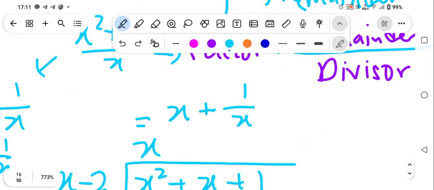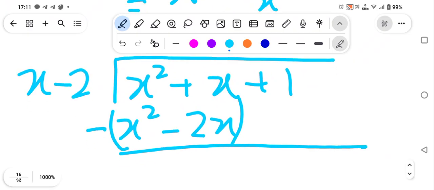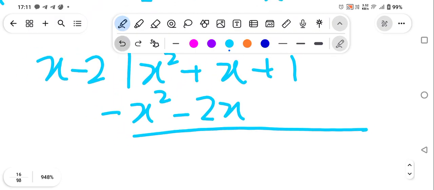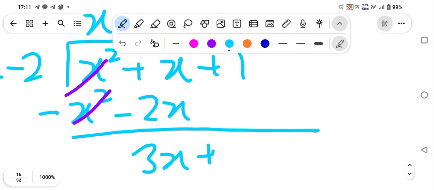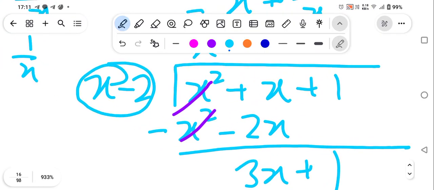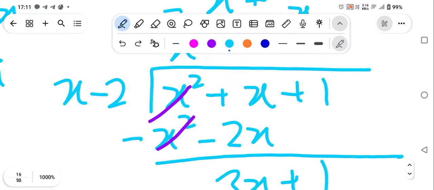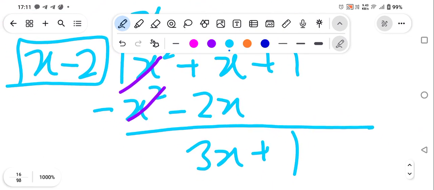The same thing over here: the x squared plus x plus 1, you minus this whole thing, and the x squared term will be cancelled out, and x minus 2x will be 3x plus 1. Is 3x plus 1 less than this? Can 3x plus 1 be the remainder?